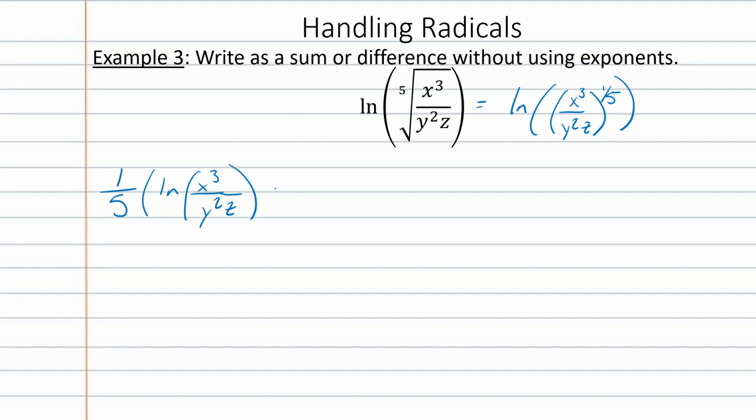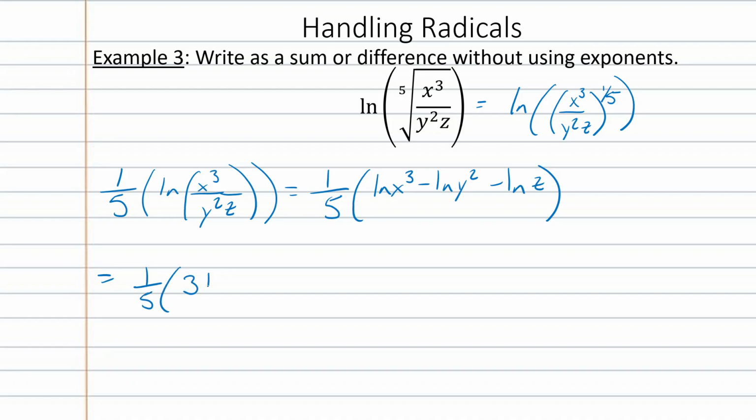Now, what I'm going to do is leave the 1/5 in the front, and then I'm going to start breaking this up into different natural logarithms. So it'll be the natural log of x to the 3rd minus the natural log of y squared minus the natural log of z. Then I can bring those exponents forward, still leaving the 1/5 out front.